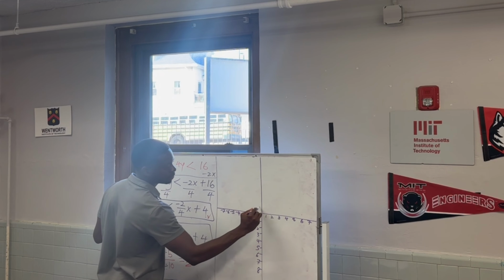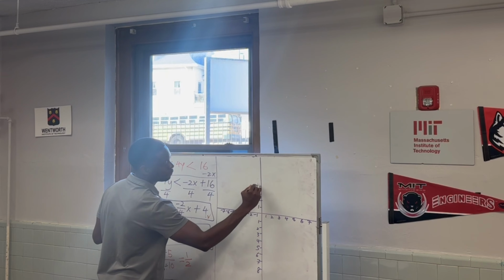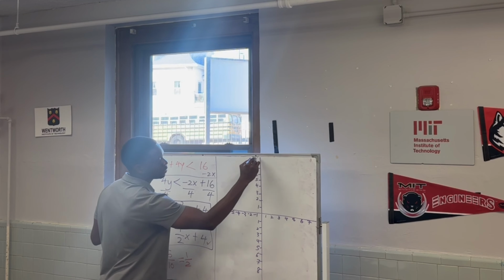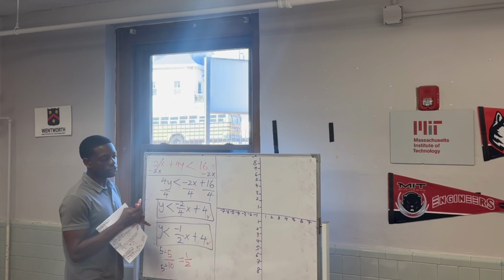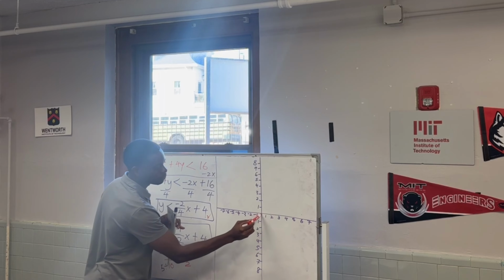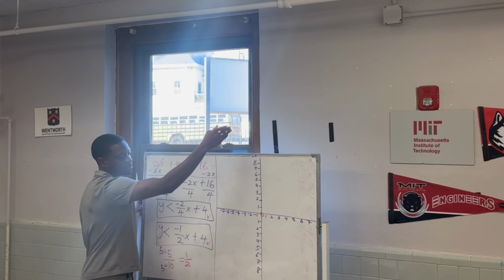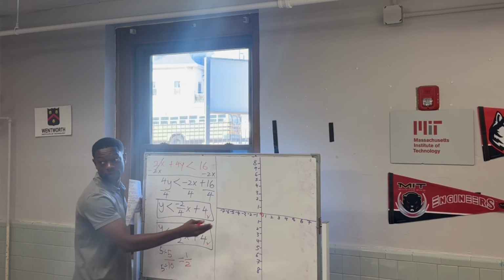And this is 1, 2, 3, 4, 5, 6, 7, 8, and maybe 9, and it goes up, right? You guys do know that 0 is always in the middle right here. That's 0, right? Up here is positive, to my right is positive, to my left is negative, and down is negative, right?